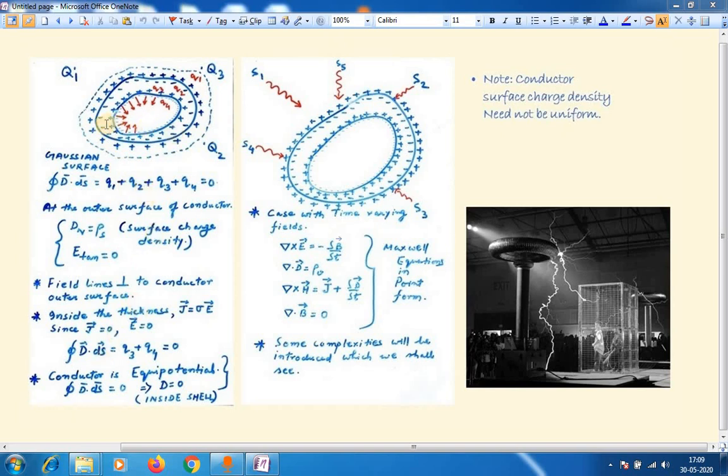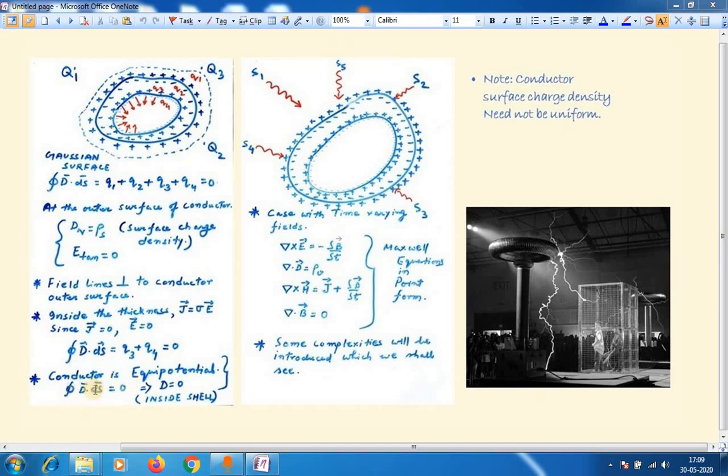And what about any Gaussian surface chosen within the conductor? It will enclose charges q3 plus q4, and because the electric field intensity is 0 inside the conductor, D dot ds will be equal to 0, which is equal to q3 plus q4. Fine.